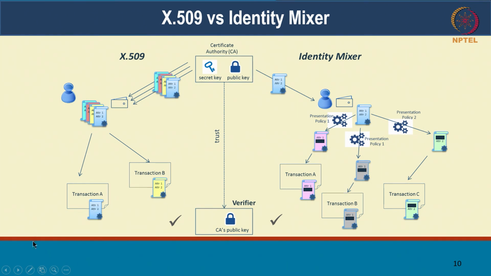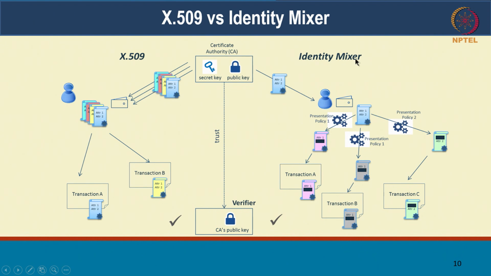So anyone else who is seeing this transaction will see both their attributes. So that way they'll know that this was performed by this user, so there's no anonymity there. And there's also no unlinkability. So between these two transactions, I know that these were both performed by the same user. So in this model, in the previous Fabric CA, there was no anonymity or unlinkability.